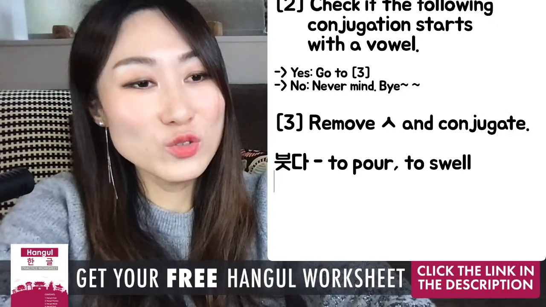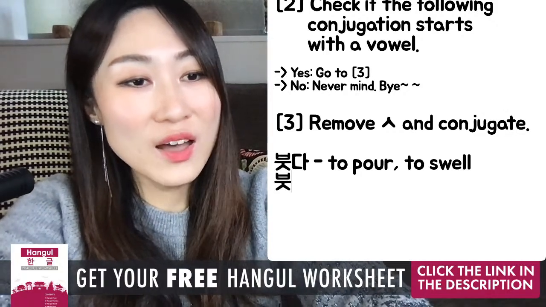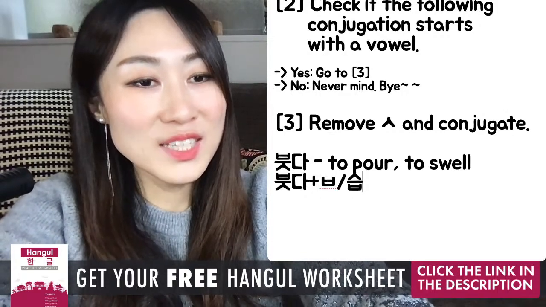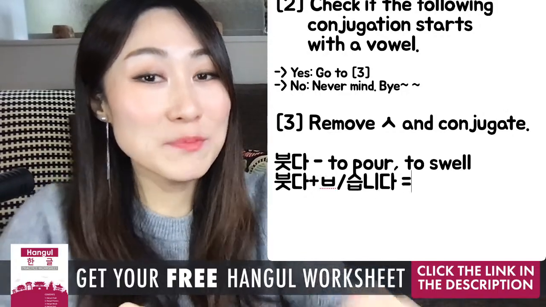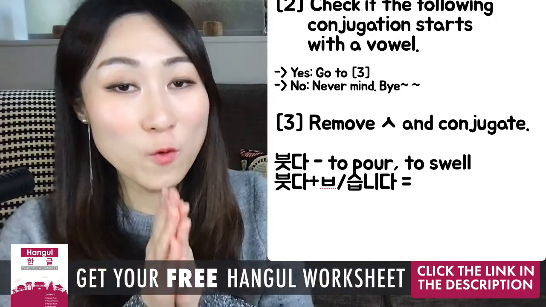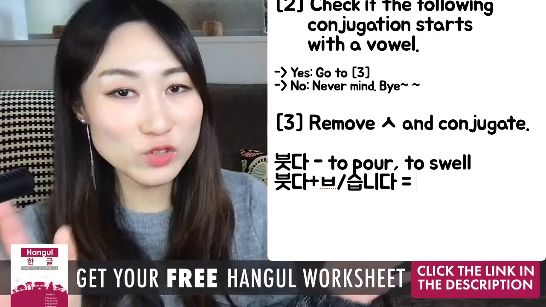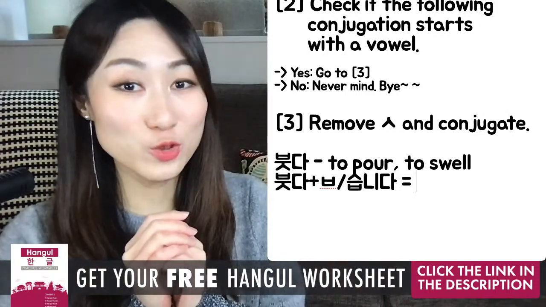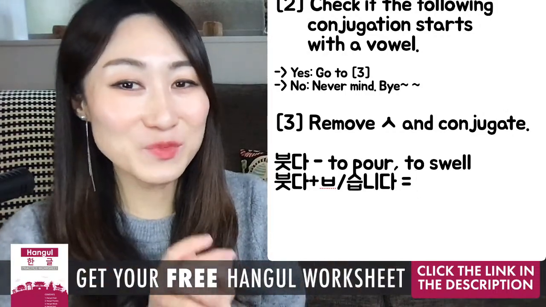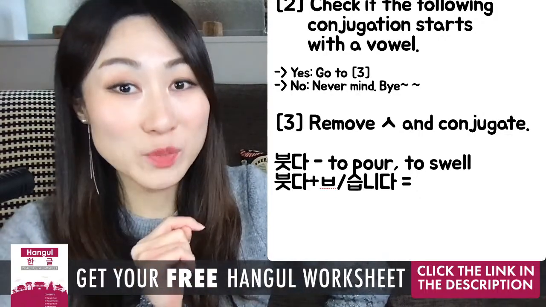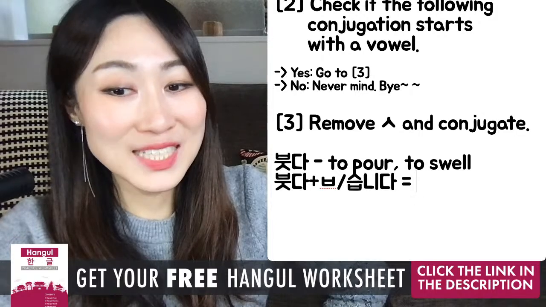Now I want to conjugate 붓다 with 씁니다. 씁니다 again, it means formal spoken form. So 붓다 is just the dictionary form. I never use it when I speak. So I have to change it to spoken form. And now I'm changing to formal spoken form with 씁니다.